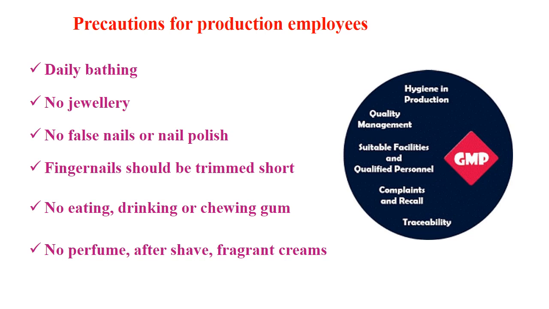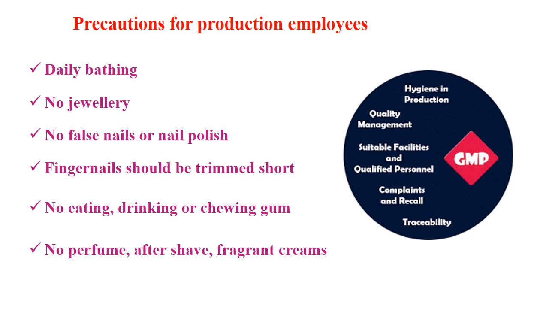Here once again we will discuss the precautions for production employees. Again, it is part of the hygienic practices, like daily bathing. Daily bathing makes the employees clean and prevents sources of contamination during handling through the hands. No jewelry; normally jewelry is prohibited while working in the food processing plant.